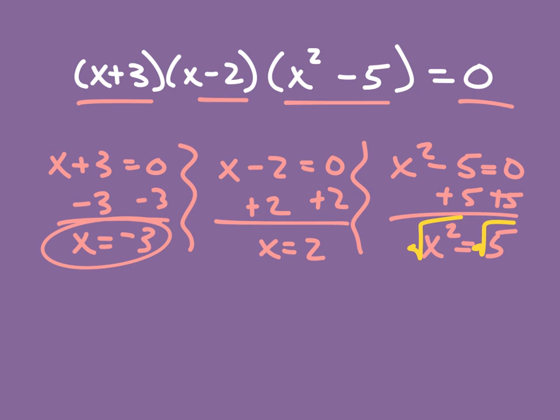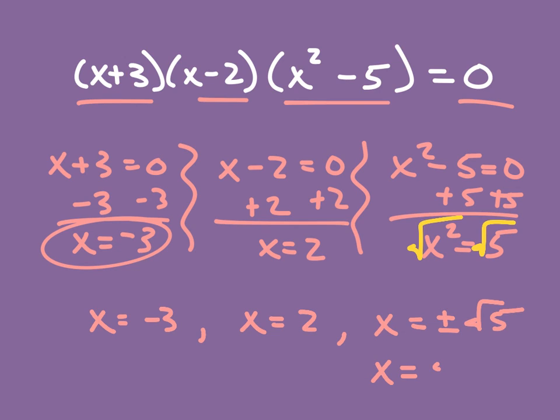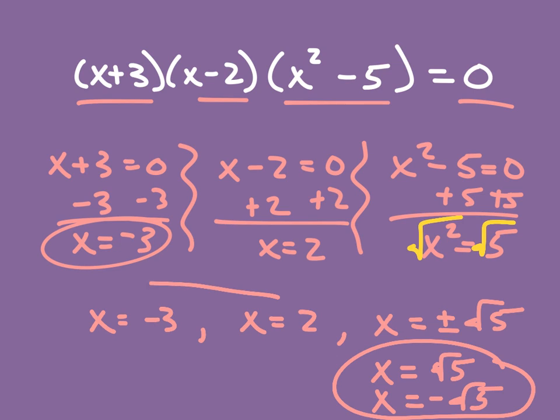And then we get that x is equal to negative 3, you get that x is equal to 2, and then you get that x is equal to plus or minus the square root of 5. And that means that you've got x is equal to positive square root of 5, and you've got that x is equal to negative square root of 5. Those are the values that were decimals, and these are the values that worked. But that's the idea.